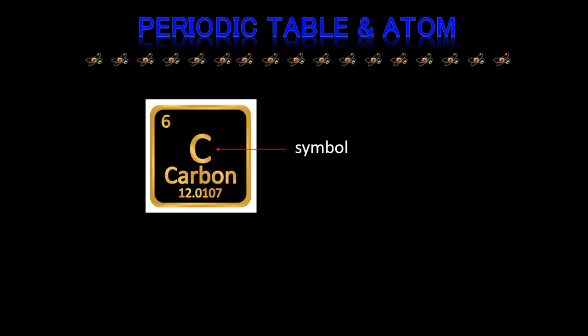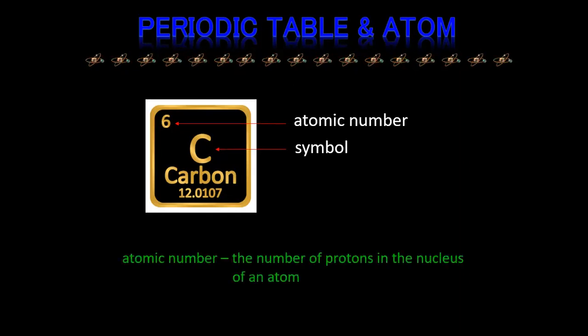Okay, and the next thing is this number. So this number, this is the atomic number. Okay, so that atomic number tells us that in every atom there are 6 protons, because the atomic number is the number of protons in the nucleus.